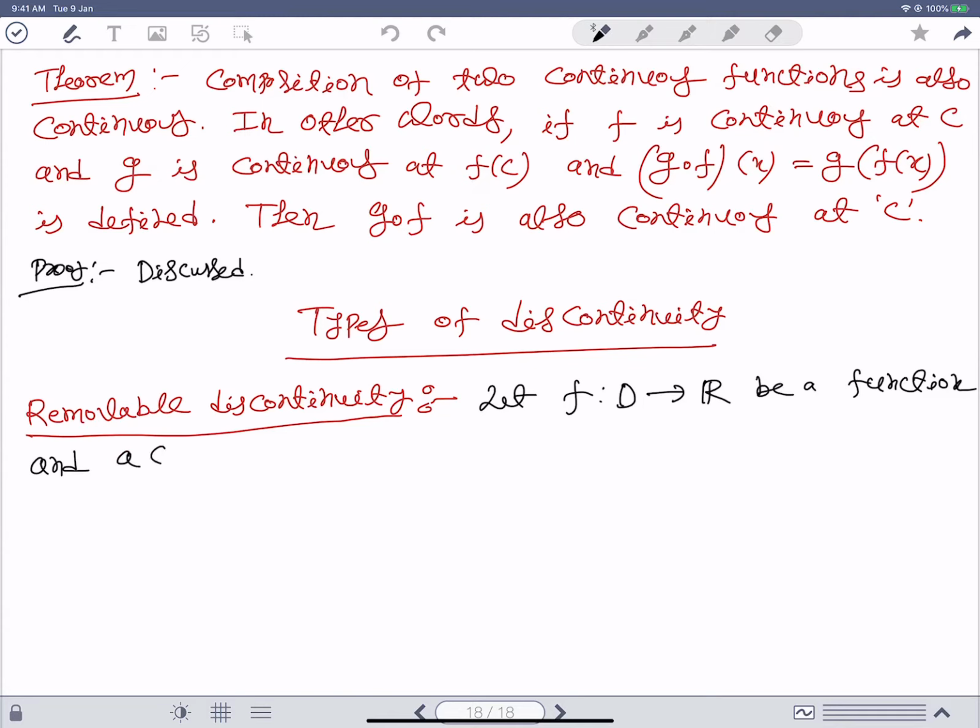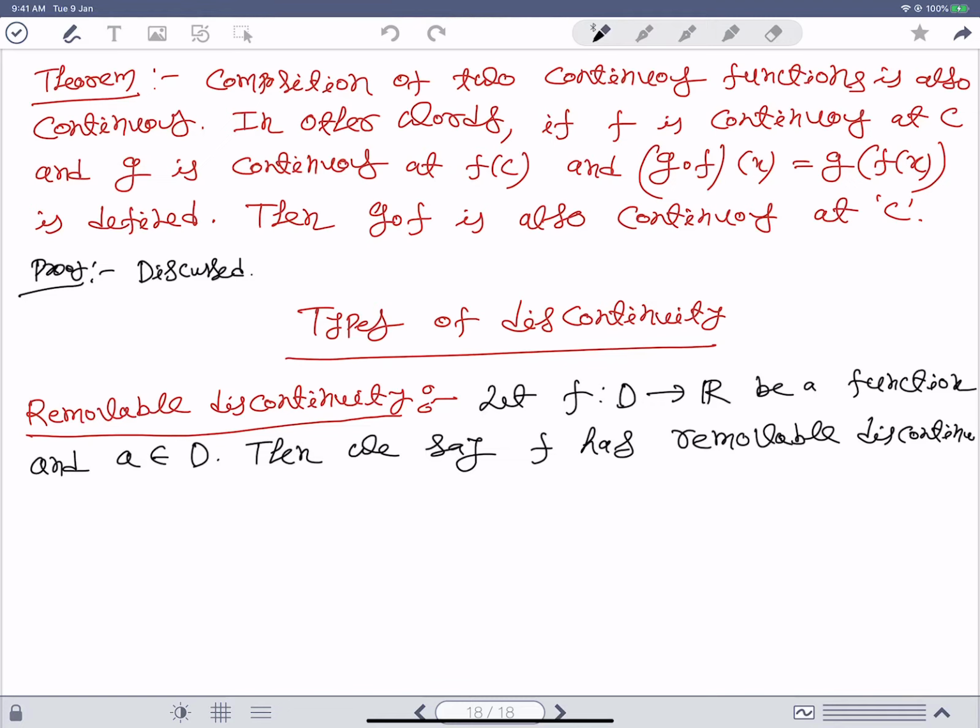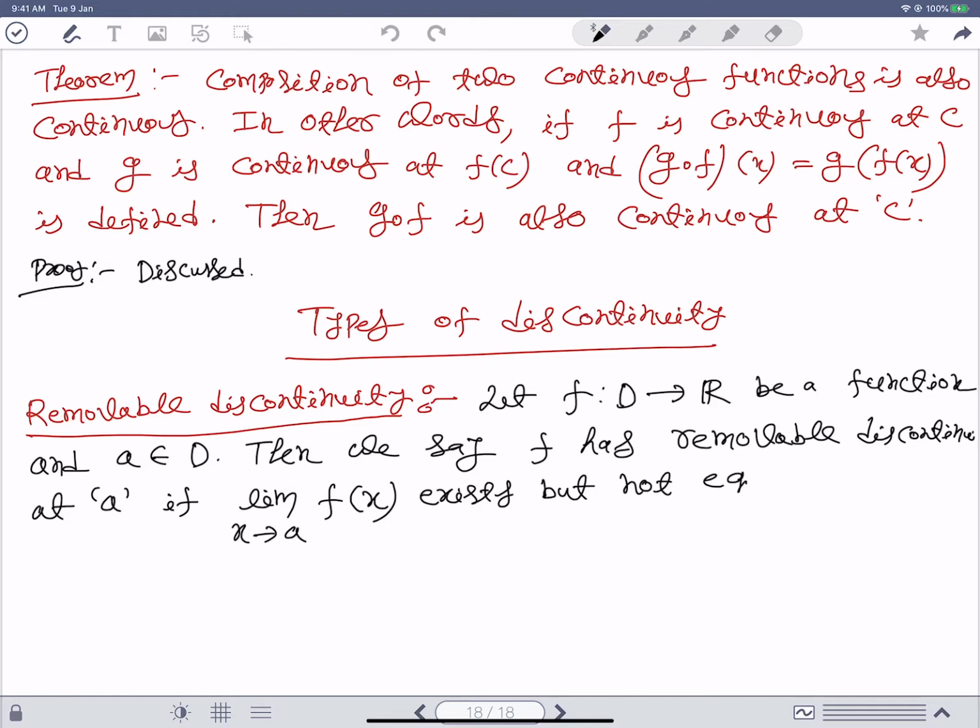And say a belongs to D. Now then we say f has removable discontinuity at the point a if the limit of f of x as x tends to a exists but is not equal to f of a.